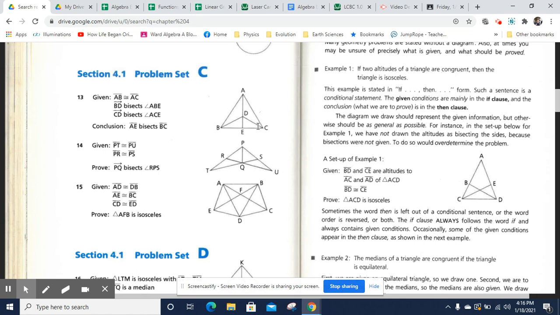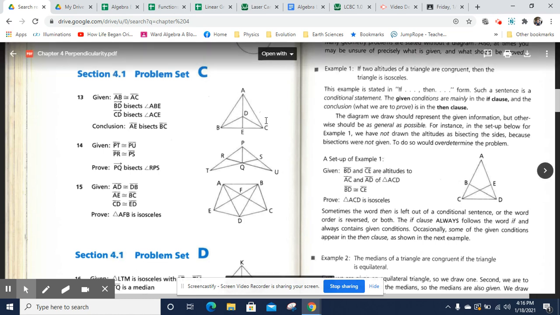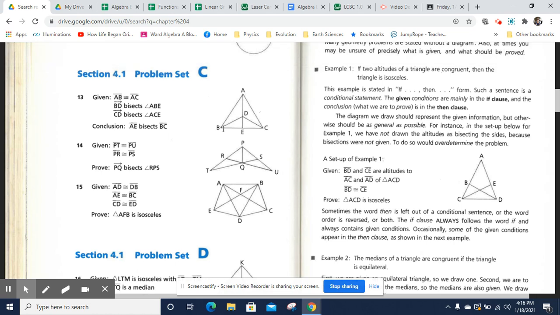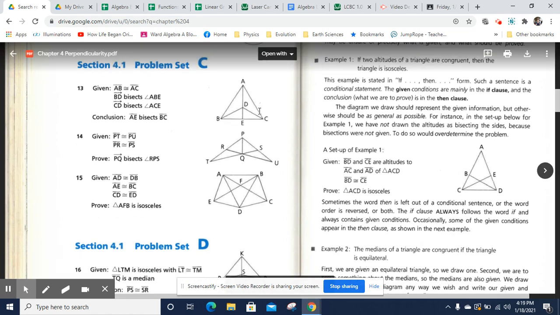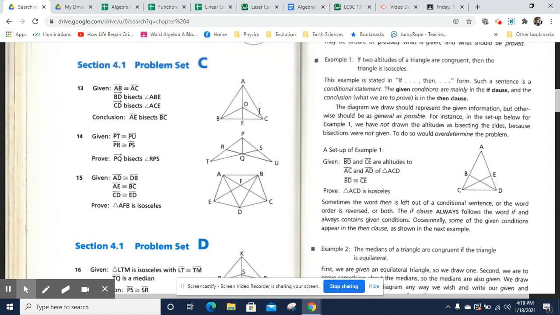And let's see, what can we prove from there? We can prove this angle and this angle are congruent. We know that this side and this side are congruent. Let's see here. So here's where the detour part comes in.